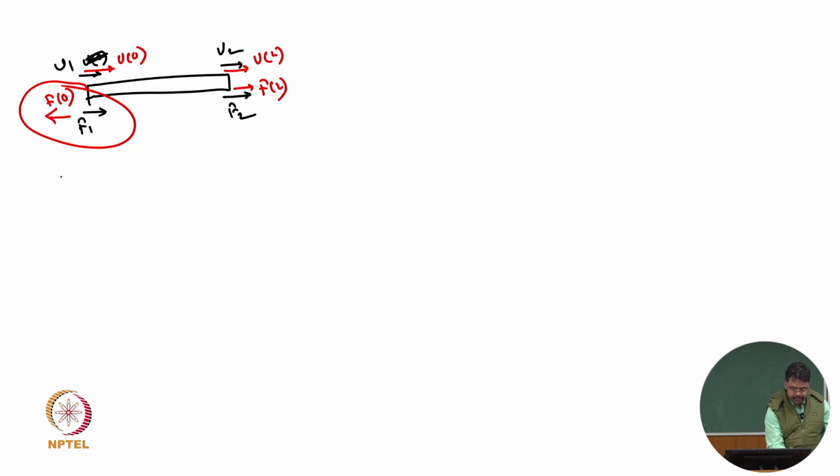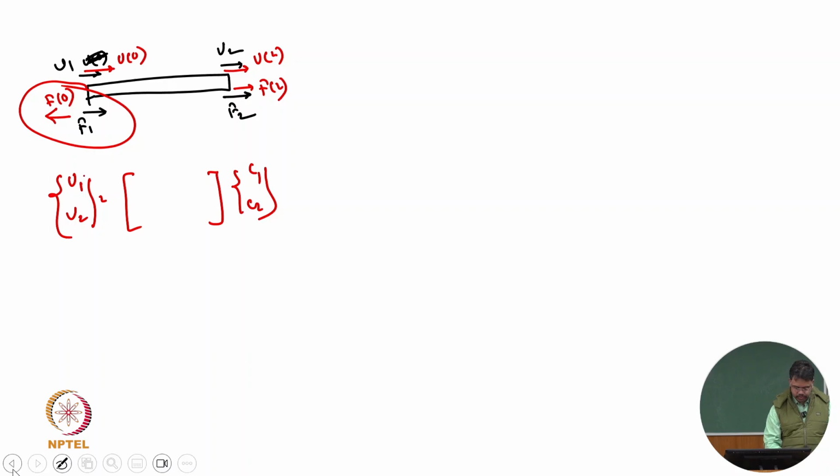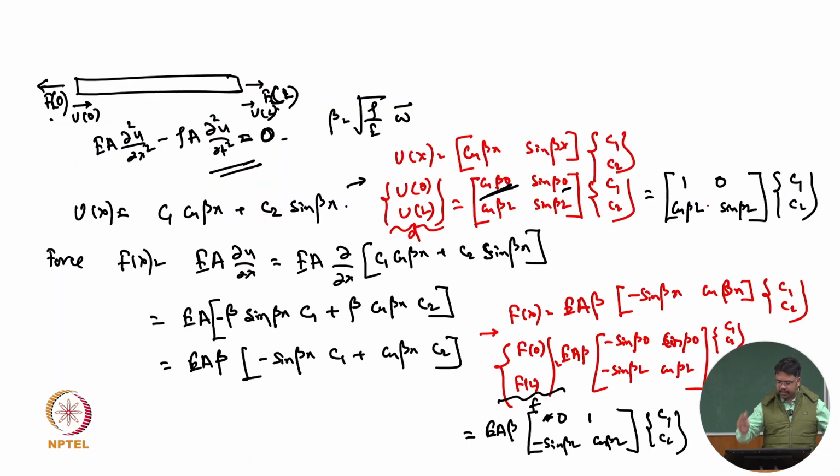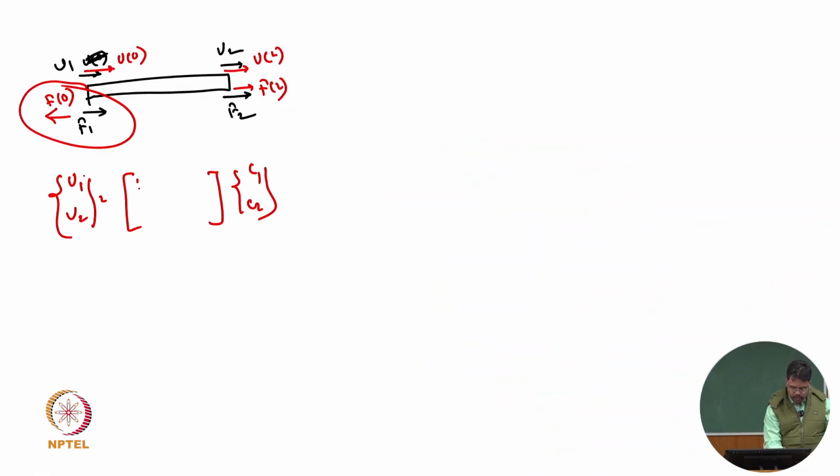So if I try to map U0 UL to U1 U2, it will be just the same. So I can simply write U1 U2 equal to 1 0, cos beta L sin beta L, times C1 C2. Straightforward, not a problem.